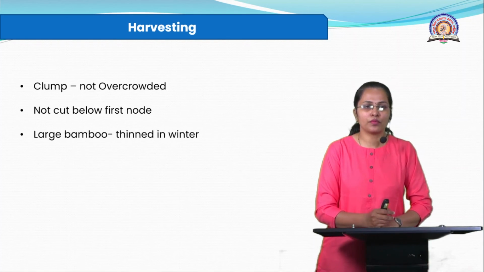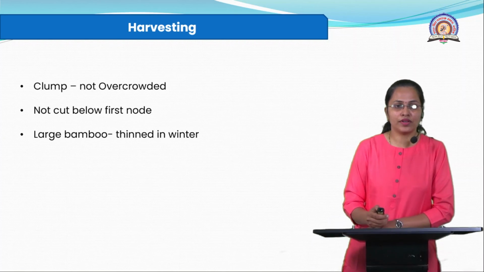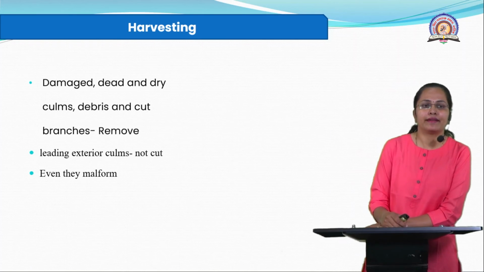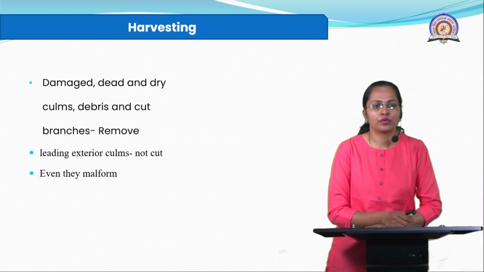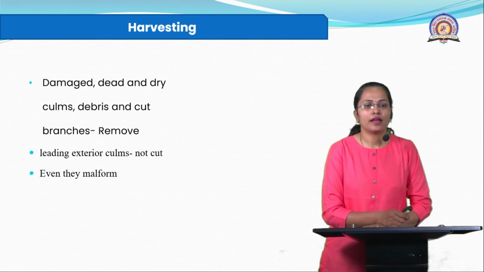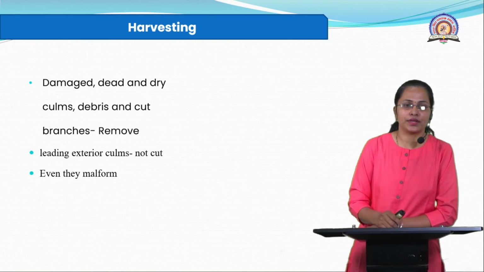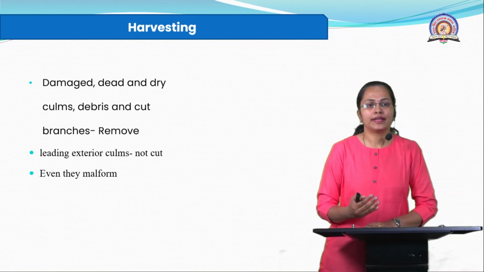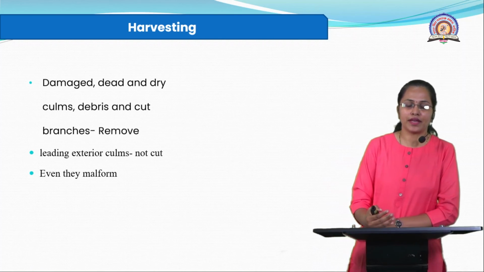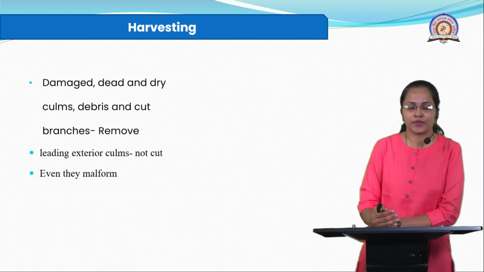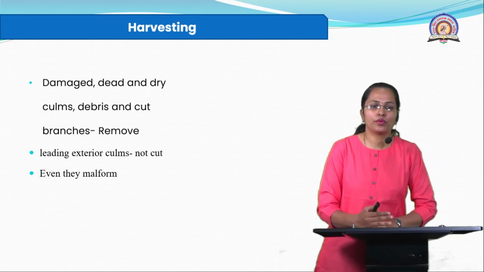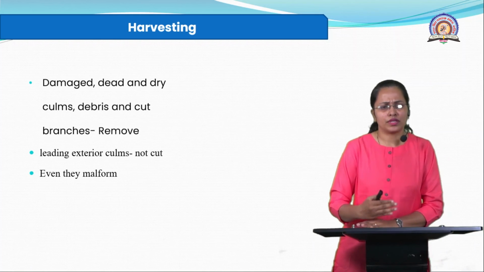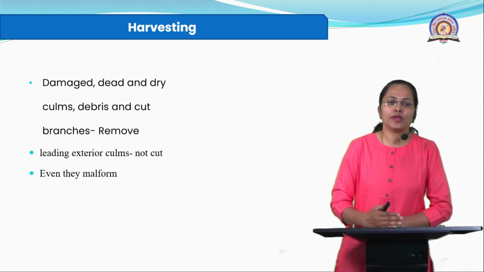The large bamboos should be thinned in winter properly and regularly. The damaged, dead and dry clumps of the bamboo should be removed properly before the harvesting. The clumps of bamboo on the exterior side should not be cut.